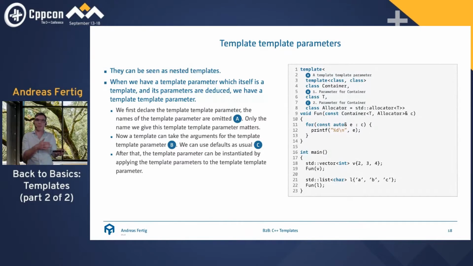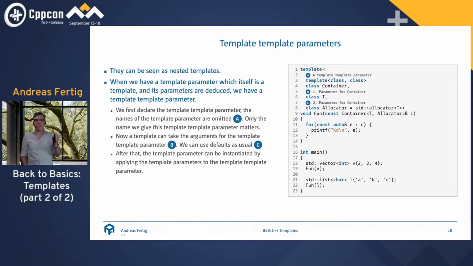So for std containers, they are typically taking two type parameters. The first one we are often specifying, like in line number 18 here, we say std::vector of int. The second one often goes unnoticed, and this is std::allocator. So I don't have to name them, I just have to tell the compiler the types. This is why I'm saying in line number 3, class, comma, class.